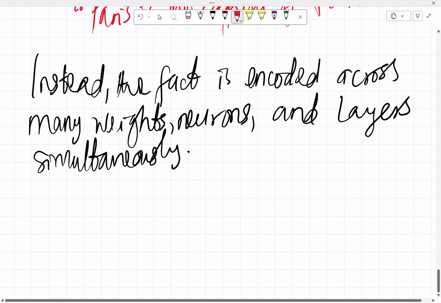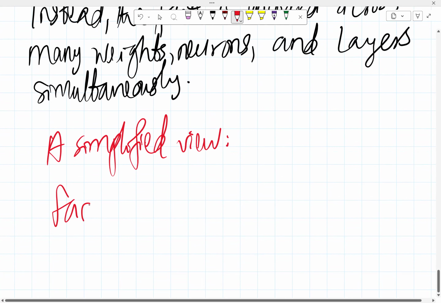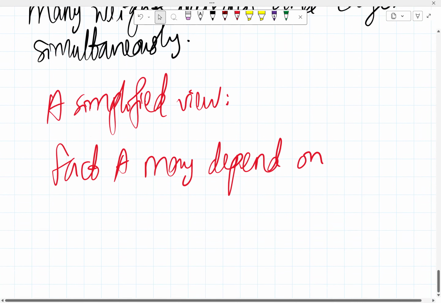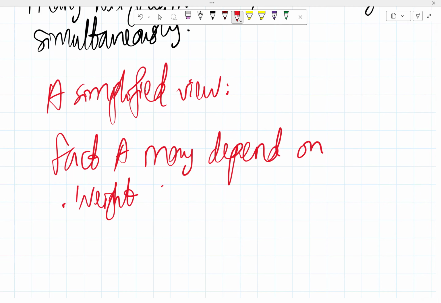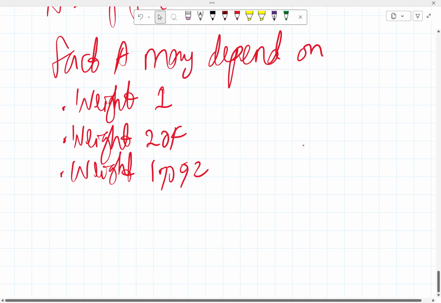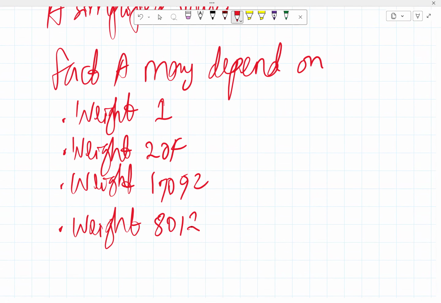So let's see a simplified view. Fact A may depend on, say, weight 1, weight 204, weight 17092, weight 801231.